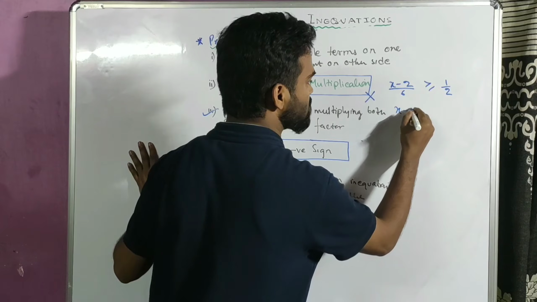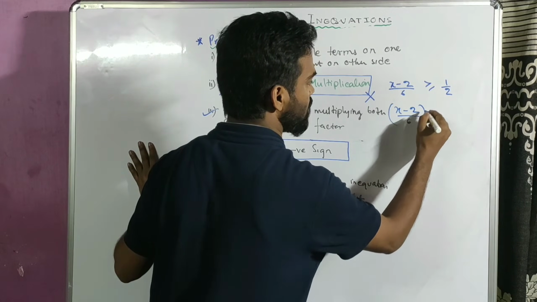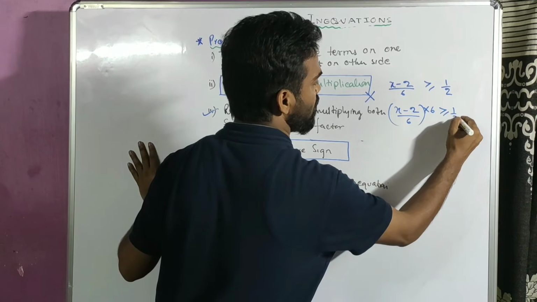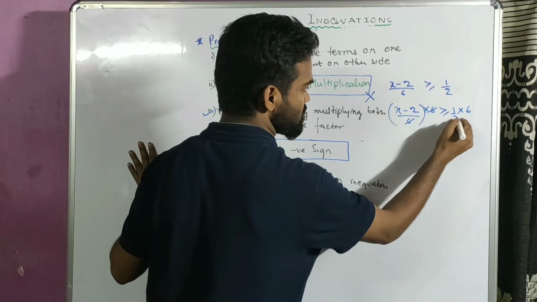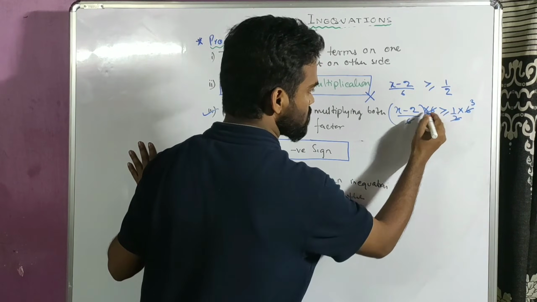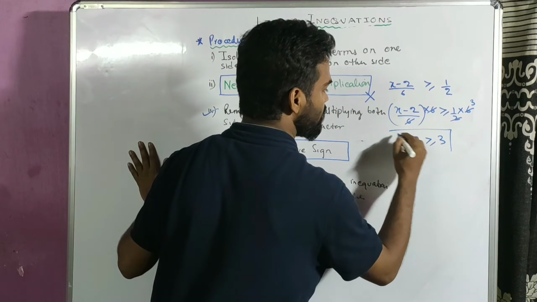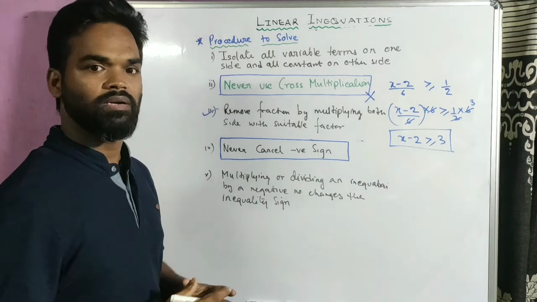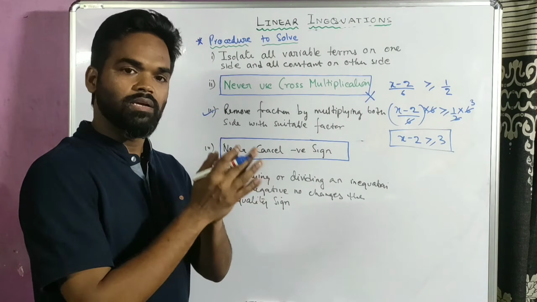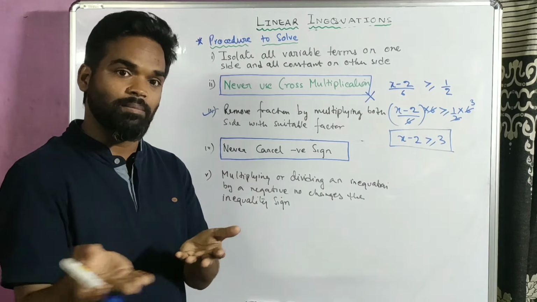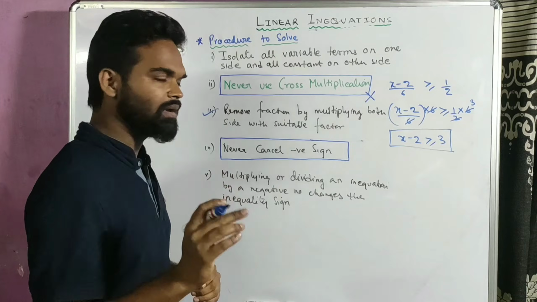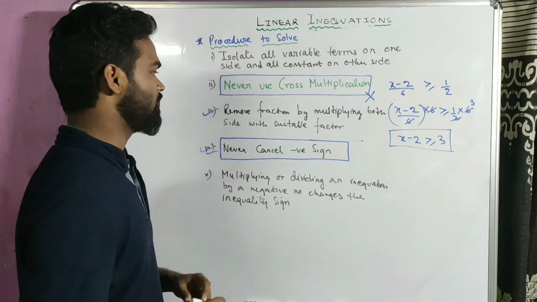So (x minus 2) by 6 multiplied by 6, half multiplied by 6, this cancels out, this becomes 3, so this becomes x minus 2 greater than or equal to 3. See, we are able to remove the denominator by just multiplying both sides with the LCM of the denominators. Done.